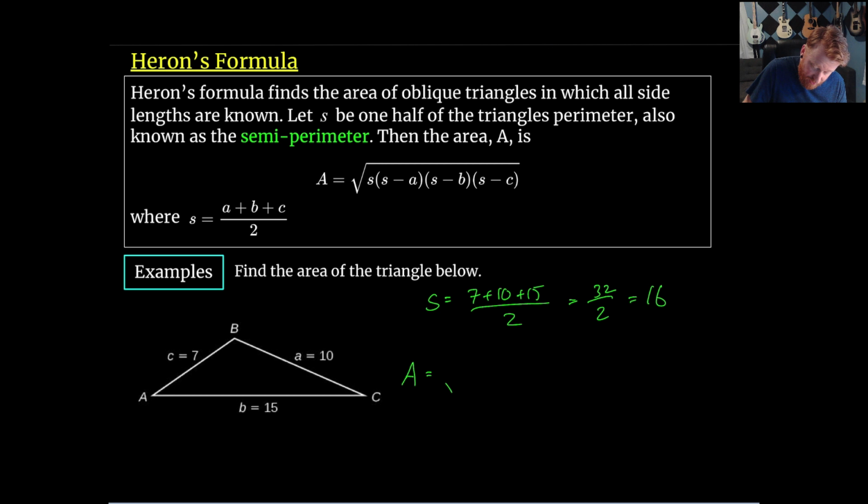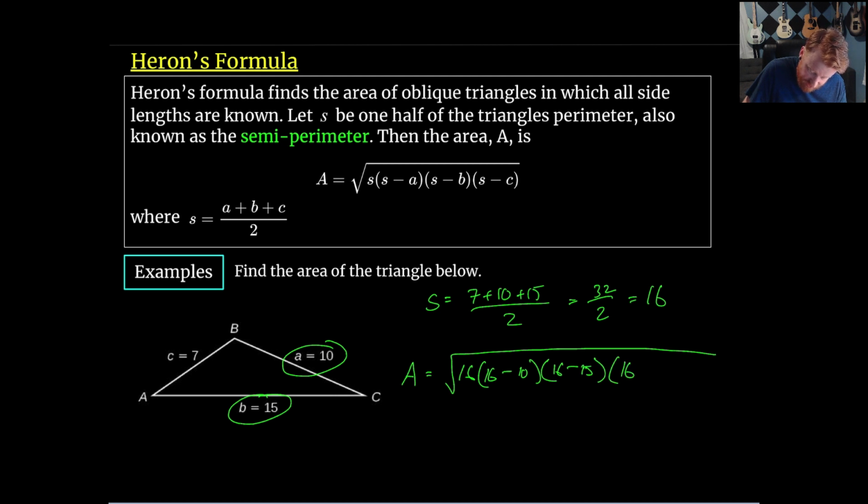So now that I want to find the area, this is going to be the square root of 16 times 16 minus 10 times 16 minus 15 times 16 minus 7.